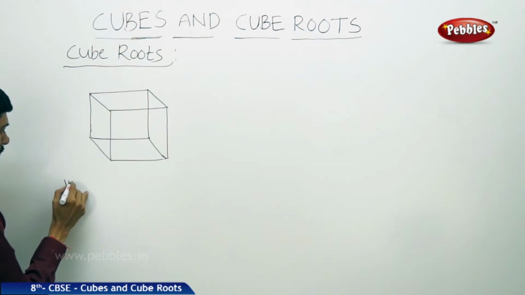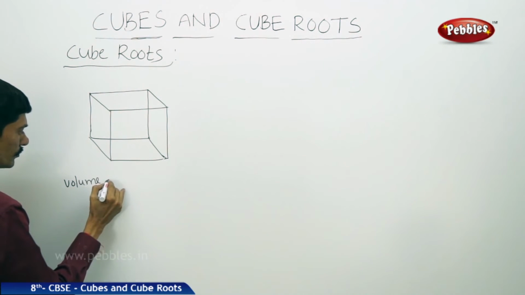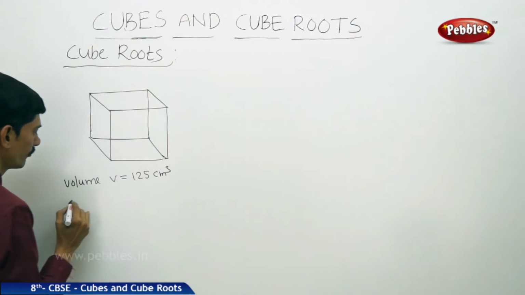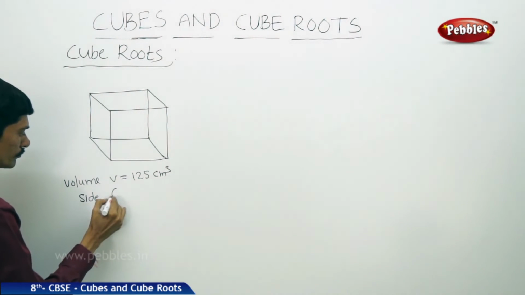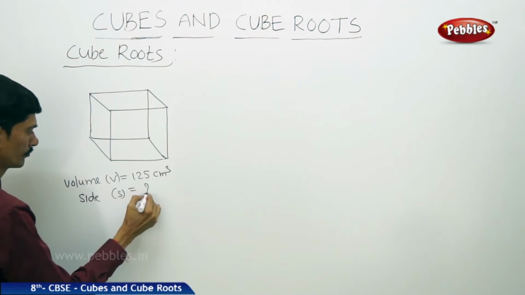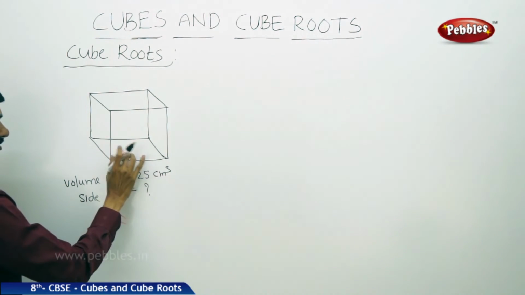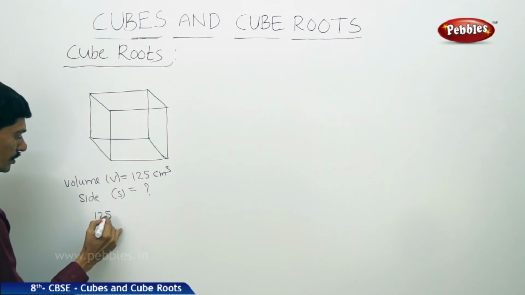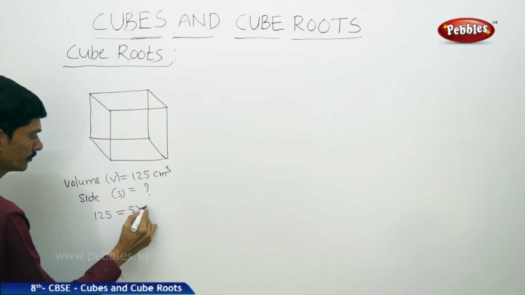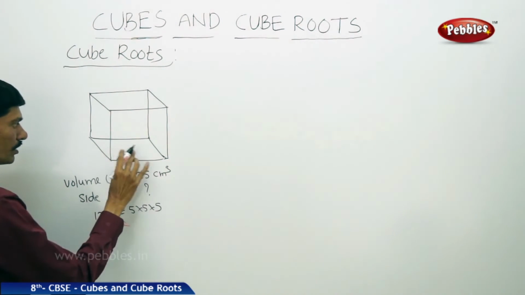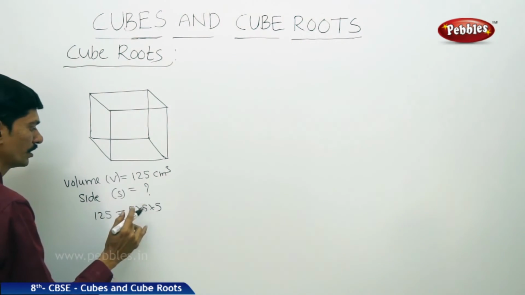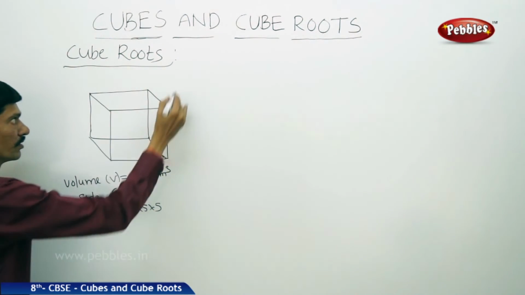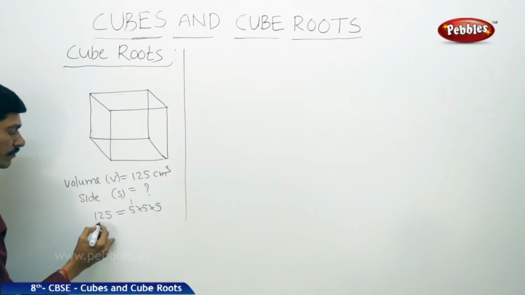The volume V equals 125 centimeter cube, and you have to find the side of the cube. If you factorize 125, we get 5 into 5 into 5, means the length of each side is 5 centimeters. So 5 is the side of the cube, means 5 is the cube root of 125.